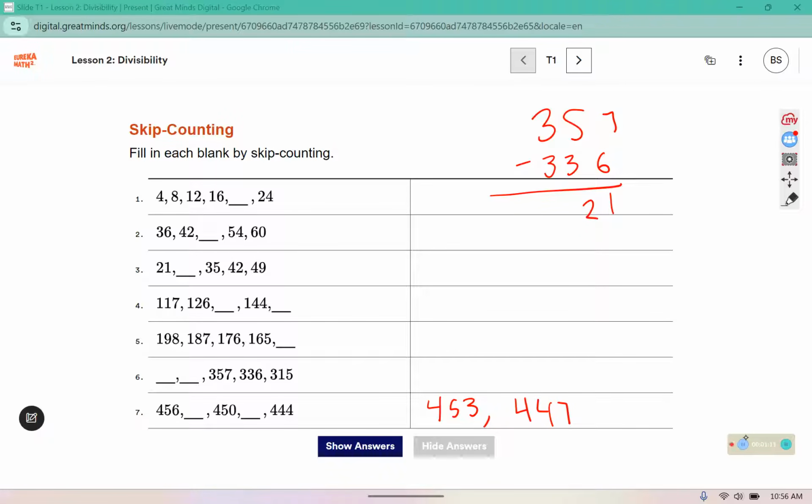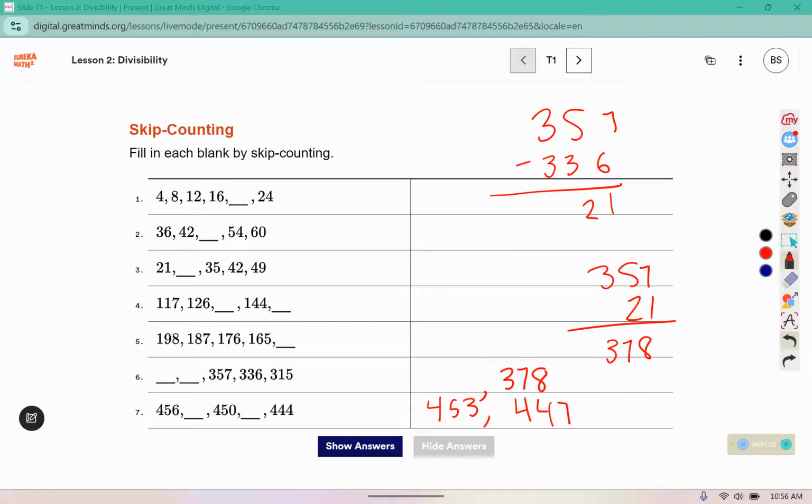So I need to count up 21 to get to this one here. 357 plus 21 would put me at 378. And the first one is going to be 21 more than that, which is 399.